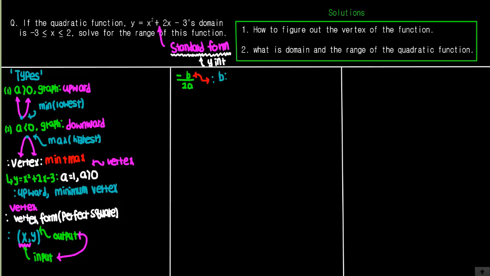So if you think about the case of the b, it is going to be the coefficient. So b is equal to the coefficient of the first power term. Or we can also call it a variable.